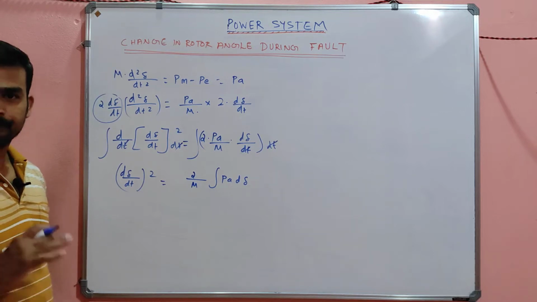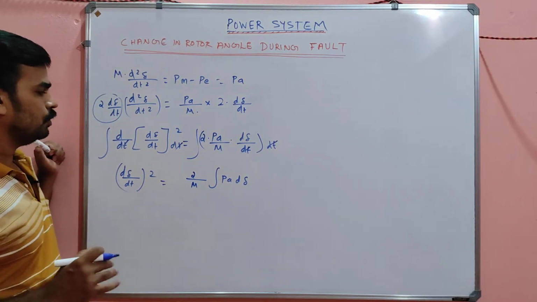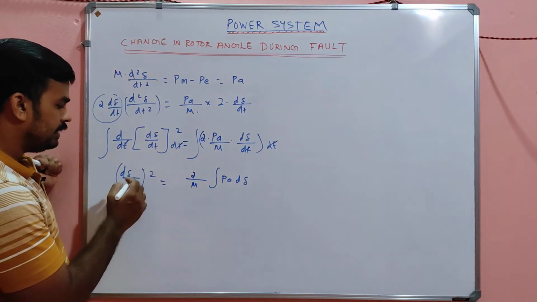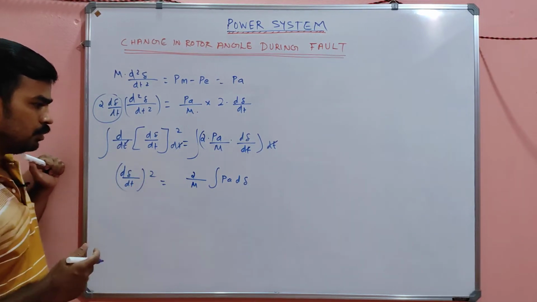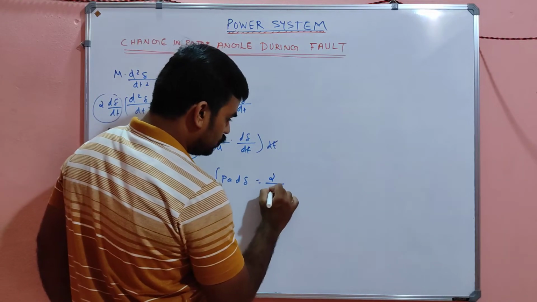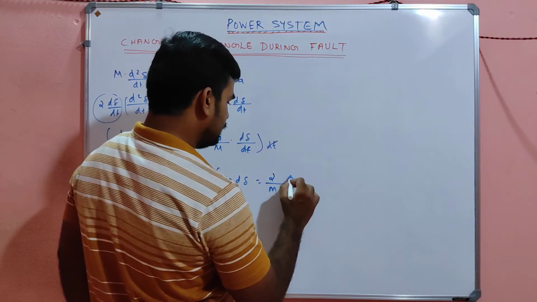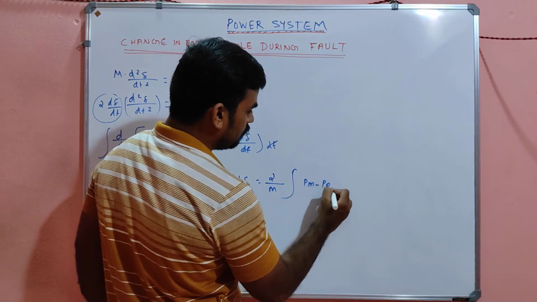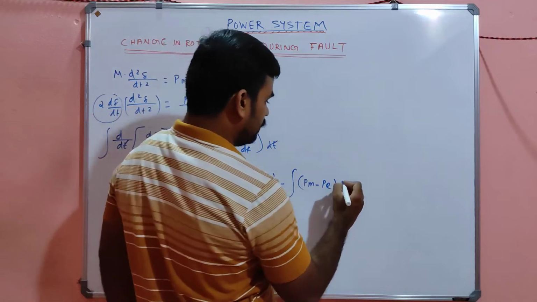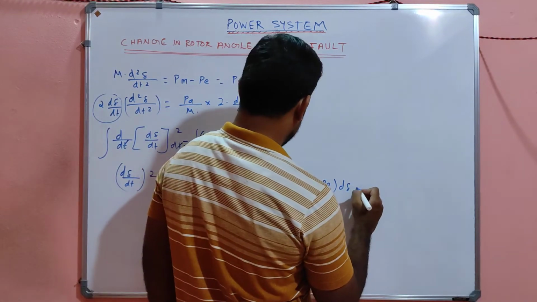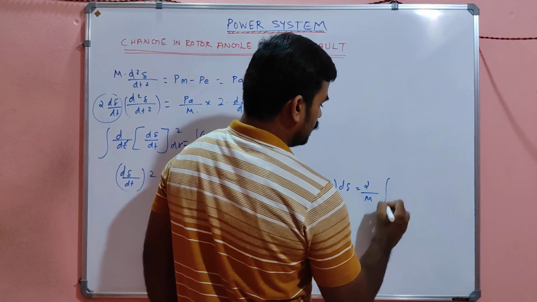Is it clear? So what it implies is (d del by dt) the whole square equals 2 by m into integral Pa d del, which is nothing but 2 by m into integral of (Pm minus P) d del.